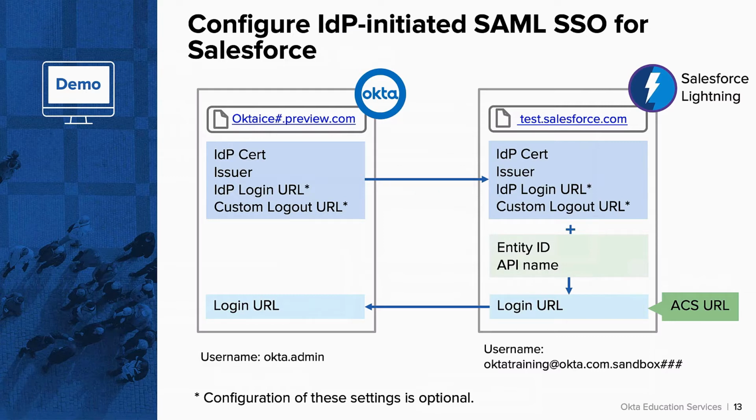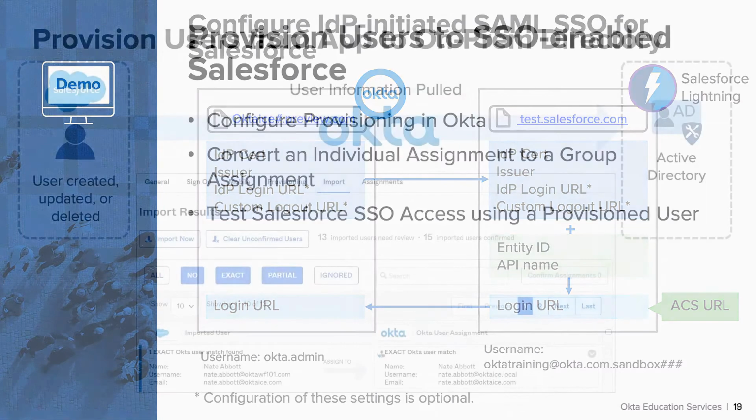In addition to that, on the Salesforce side, we are going to be creating a login URL, which will be used as what is called in the industry the ACS, the Assertion Consumer Service URL. That is what we will bring back over to Okta, and by placing that in Okta, we will be able to launch Salesforce from Okta using SAML. So, let's get into our demonstration.